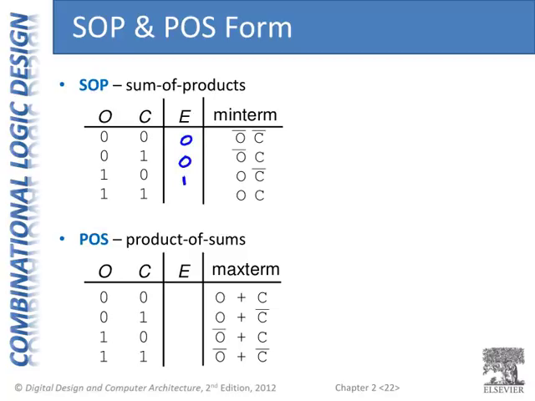But remember, I want to emphasize here, these minterms are going to be those minterms no matter what the function is. This 0, O bar and C bar is the minterm associated with that top row, regardless of what the function is. And again, you notice that in the input combination, when we have a 0 here, we have the complemented form of the variable.